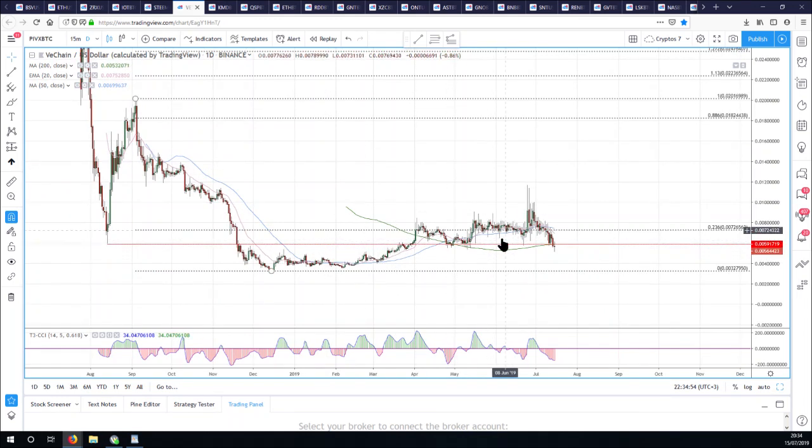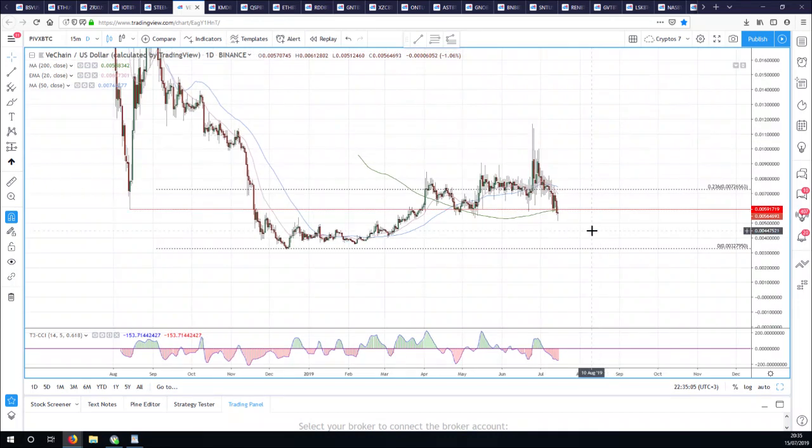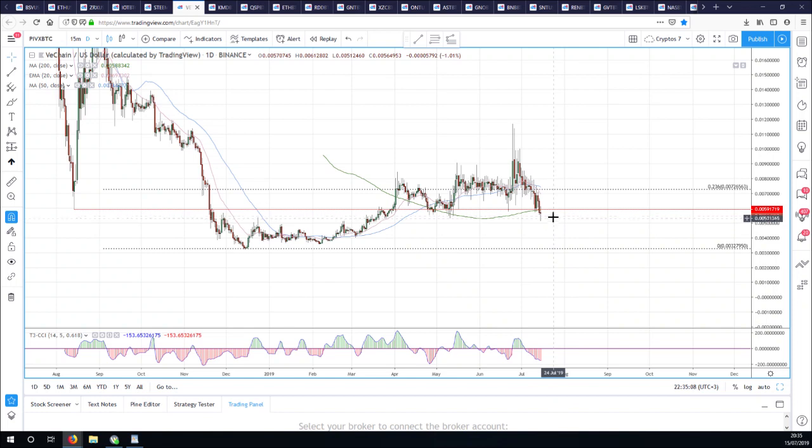So many of the altcoins, you know, this spring got above the 200 moving average, consolidated really nicely, and then when they pulled back, they found some support from them. And this one has been a little bit disappointing yesterday and today because we're back underneath this 200 moving average.